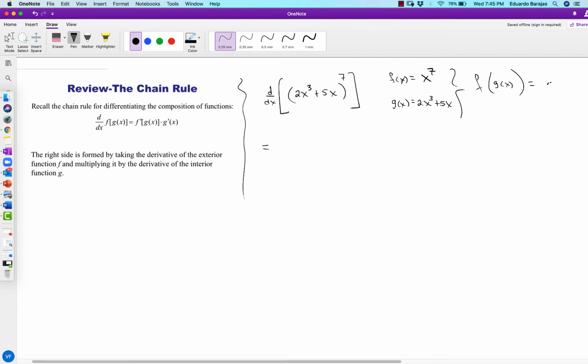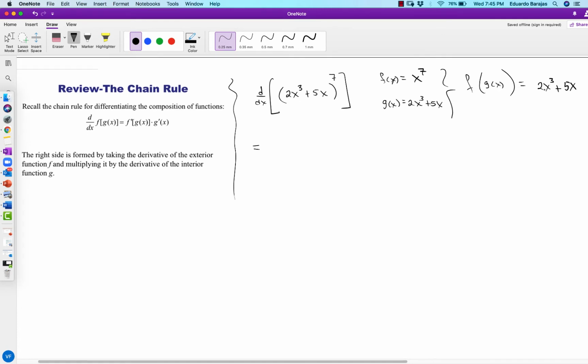It is equal to 2x to the third power plus 5x, all of that raised to the power of 7. Okay, so this is a composition of functions. The outside function is this f, x to the 7th power. The inside function is this 2x to the third plus 5x.